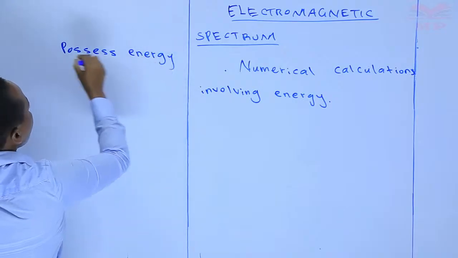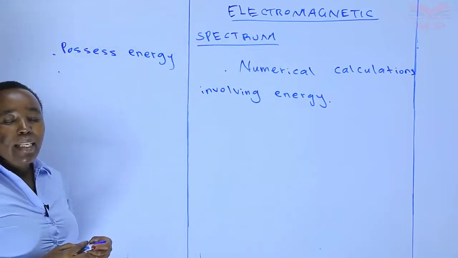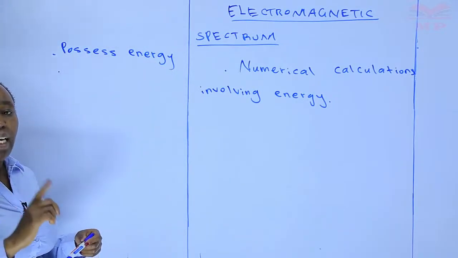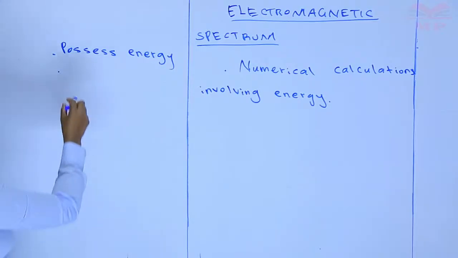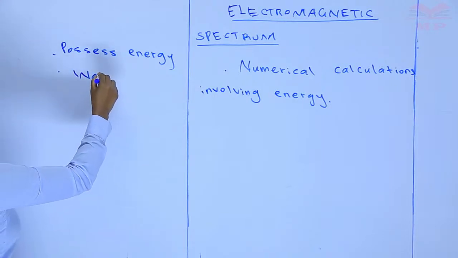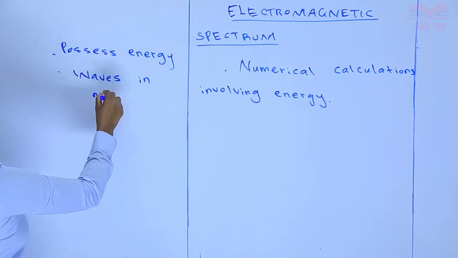Something else we said is that electromagnetic waves are waves in nature, so they are transverse waves.